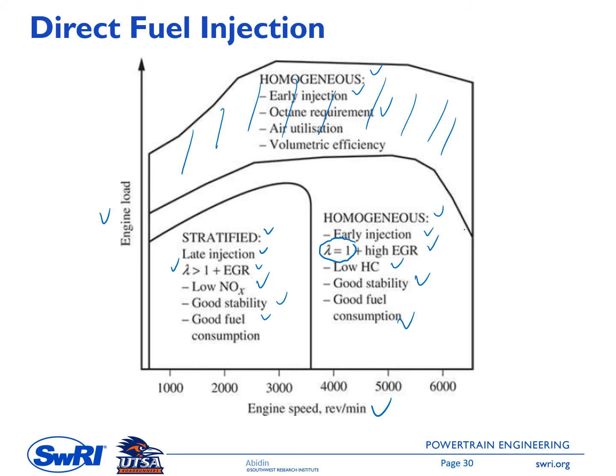It means we need a fuel with a decent octane number to avoid knocking. And then we also need good air utilization and thus better volumetric efficiency. So this is an example of a typical stratified GDI engine operating map.